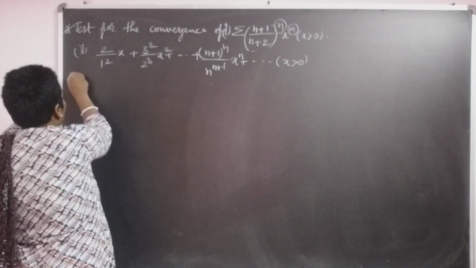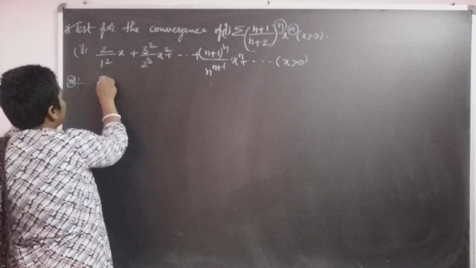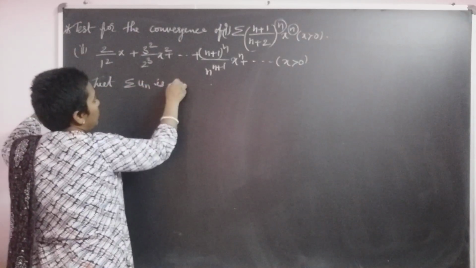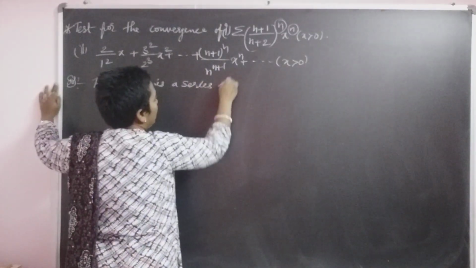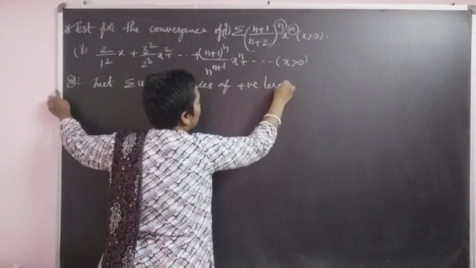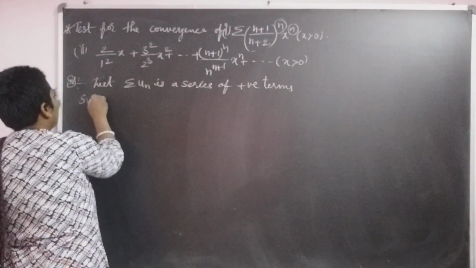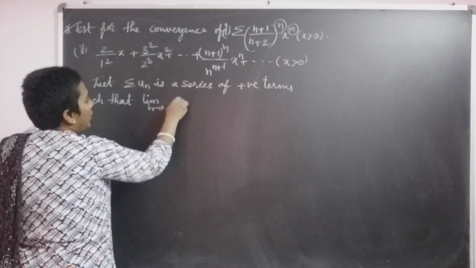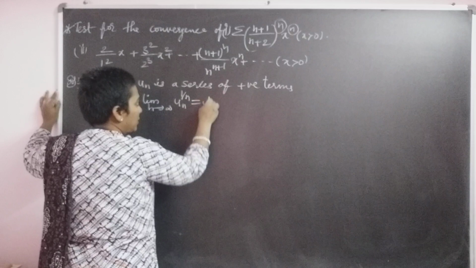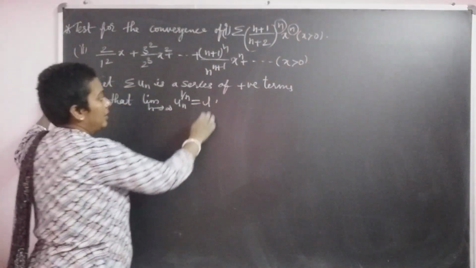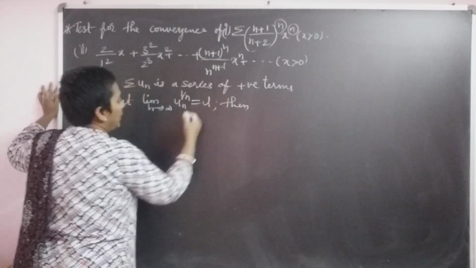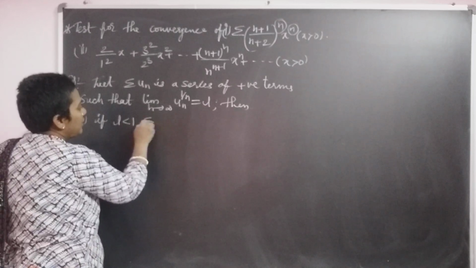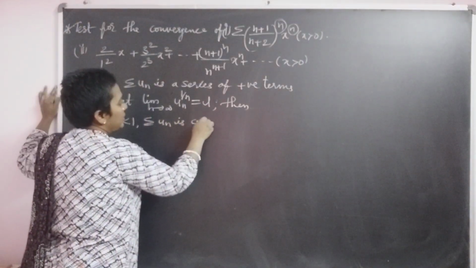Why? Because the Cauchy's nth root test statement is: let sigma un be a series of positive terms such that limit n tends to infinity un power 1 by n is equal to L. Then the first condition is, if L is less than 1, sigma un is convergent.